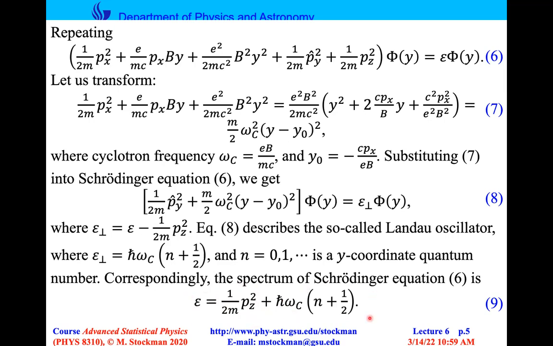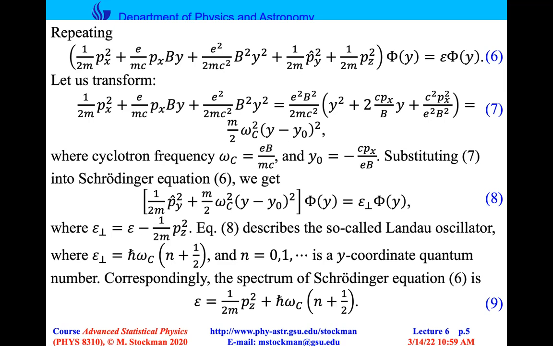And it is remarkable that this energy does not depend on px. So this oscillator is degenerate with respect to px. There is a px constant in this equation. It's a conserved momentum. Nothing depends on it. So levels of this Landau oscillator are degenerate due to motion in the x direction.